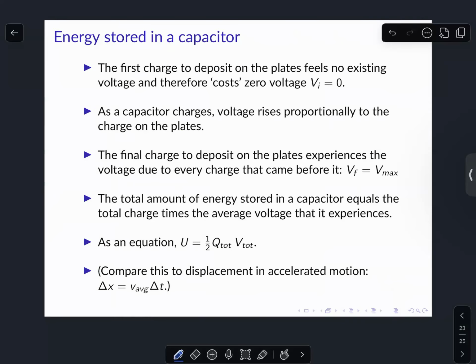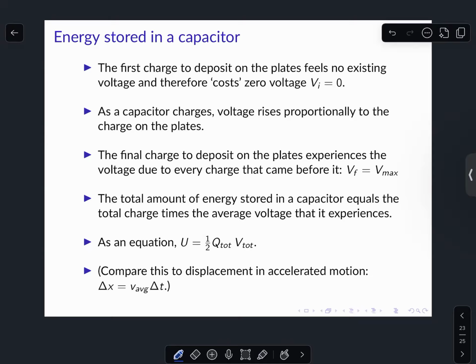Does it take any effort at all to put the very first atom of air in an empty balloon? No. It takes more and more and more effort the bigger the balloon is. Well, the first charge to deposit on the plates of a capacitor, it's an empty capacitor. There's no voltage if there's no charge already in the capacitor.